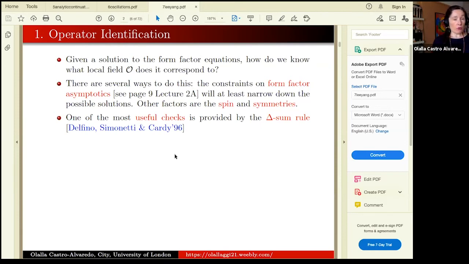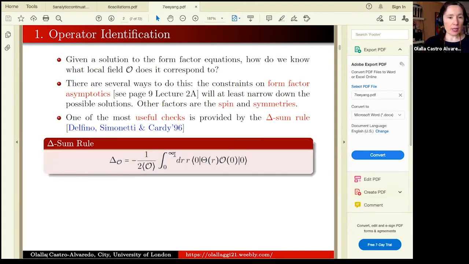One of the most useful ways you can check your form factors is something called the delta sum rule, which I've used many, many times in my work. It's a result by Delfino, Simonetti, and Cardy from '96. This is the same paper where they gave an explanation for the clustering in momentum space of form factors.